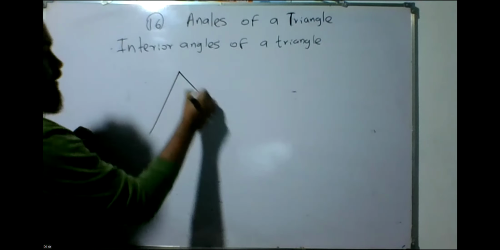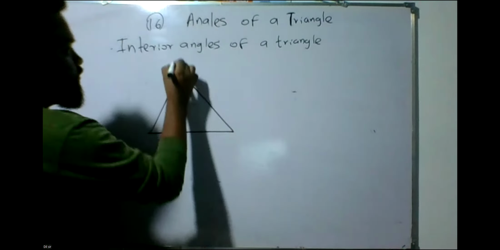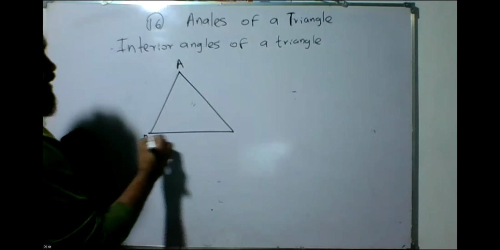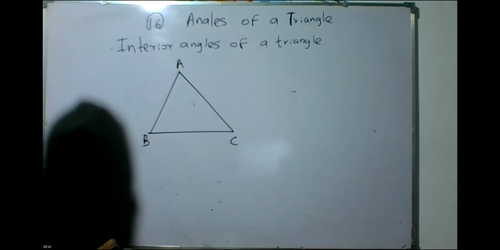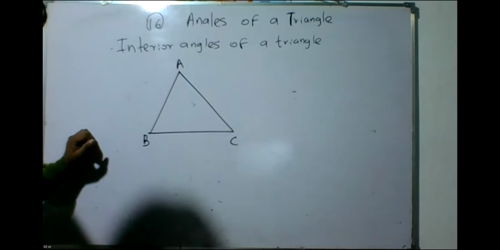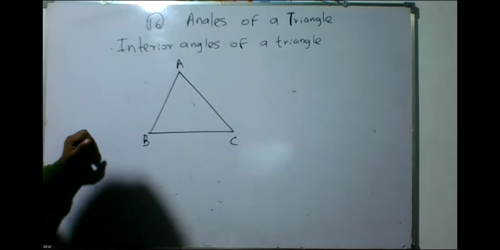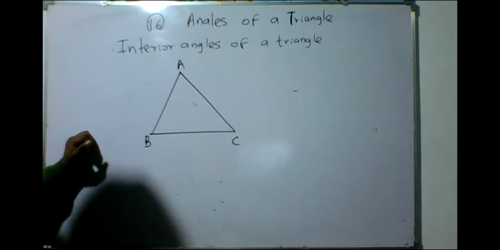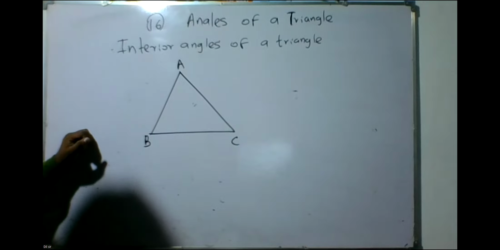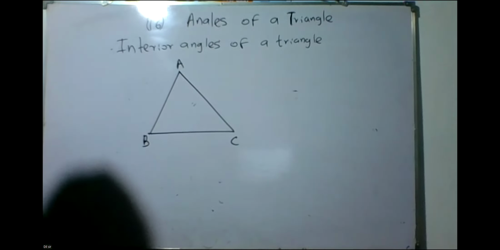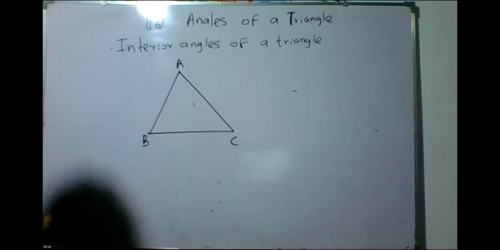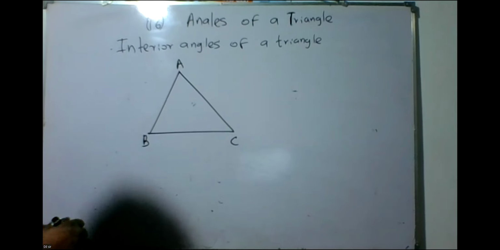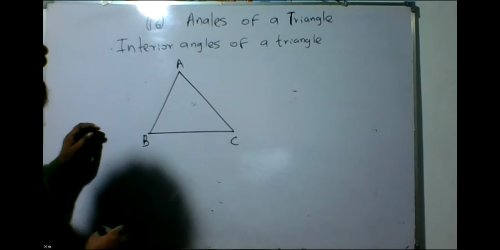Right, this is a triangle A, B, C. What are the three interior angles?